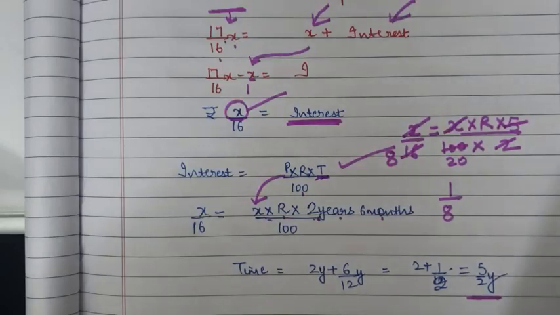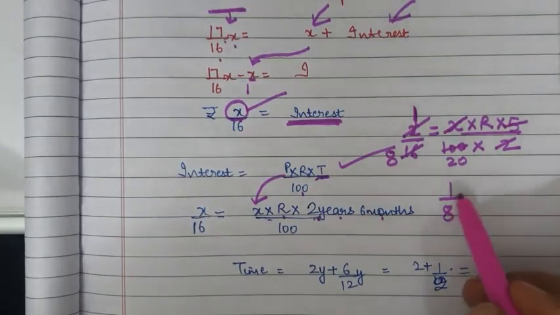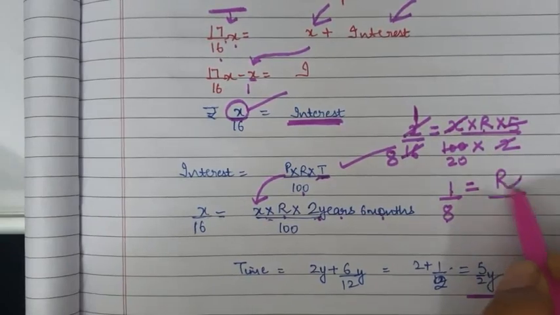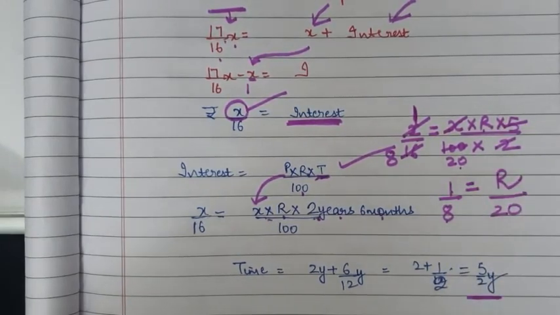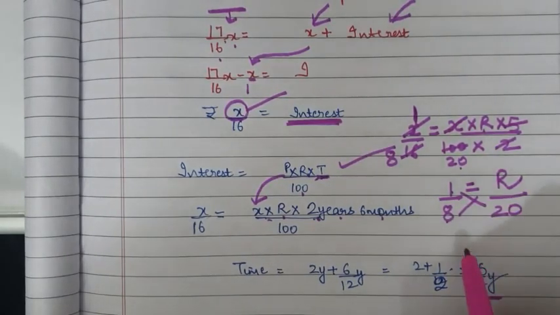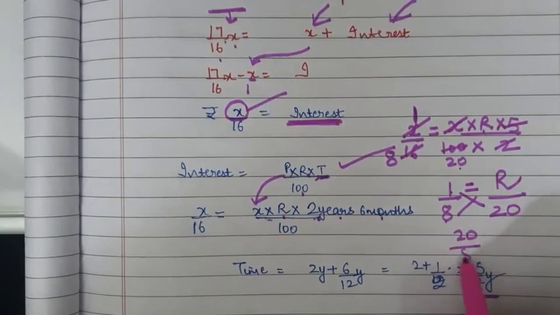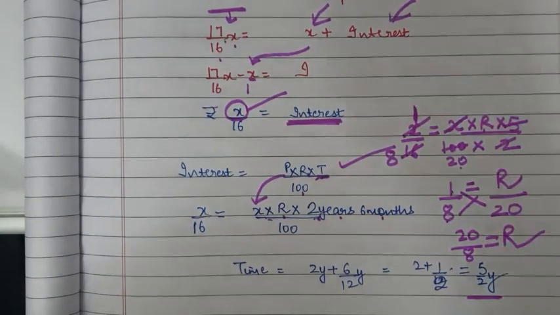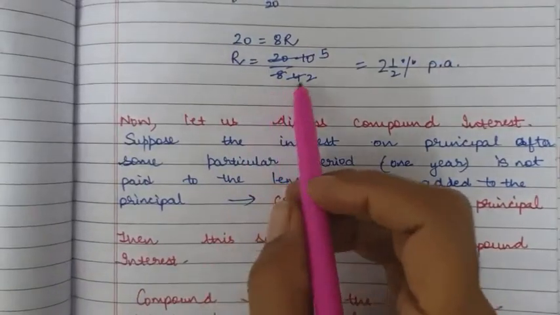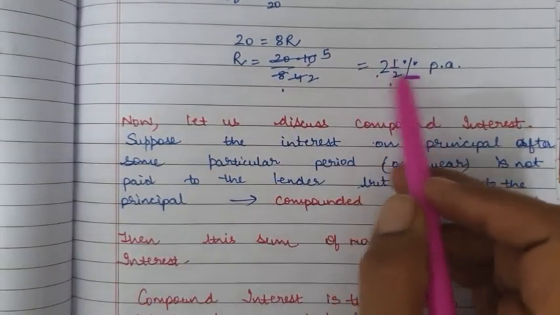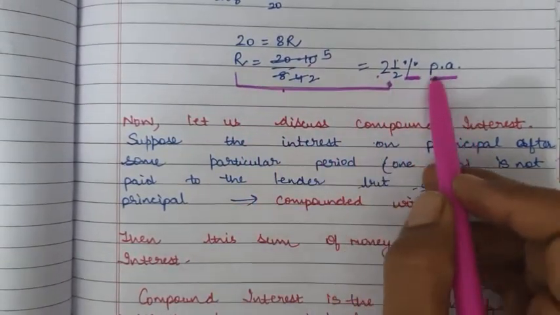Don't write 8 in the numerator; when there is nothing, it means 1. So 1 upon 8 is equal to R, that is rate of interest, upon 20. So on cross multiplication, what we get? 20 upon 8 is equal to R. Clear? So on cancellation, we get 2.5% rate of interest per annum.